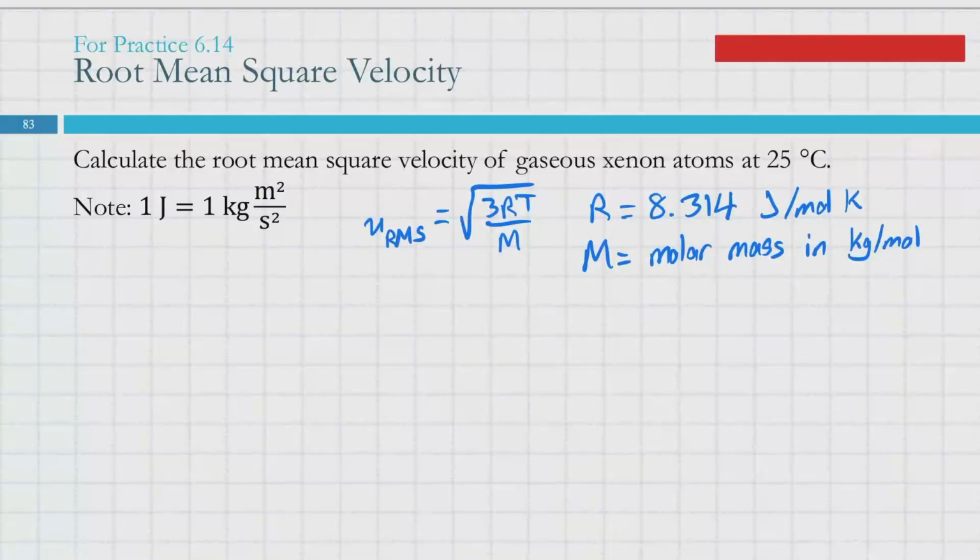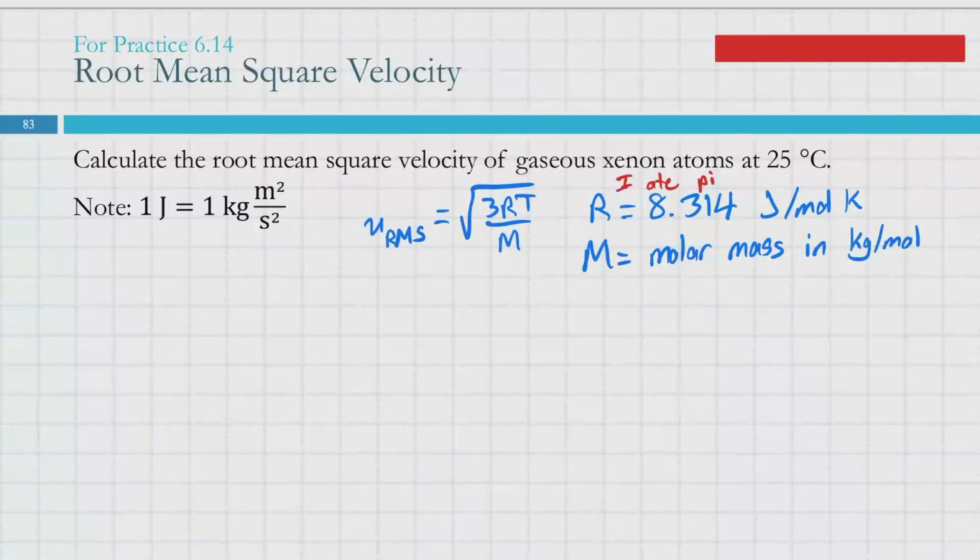There's a mnemonic device for remembering the value of R, and it's I8 pi. 8 like the number 8, and then pi like 3.14, so 8.314, I8 pi. I've heard that that's helpful for some people, so there you go, if that helps you. As far as remembering that the molar mass is in kilograms per mole, you just have to know it.